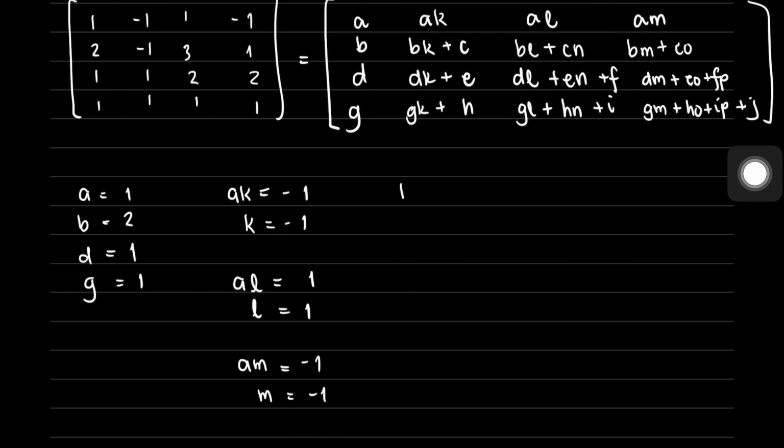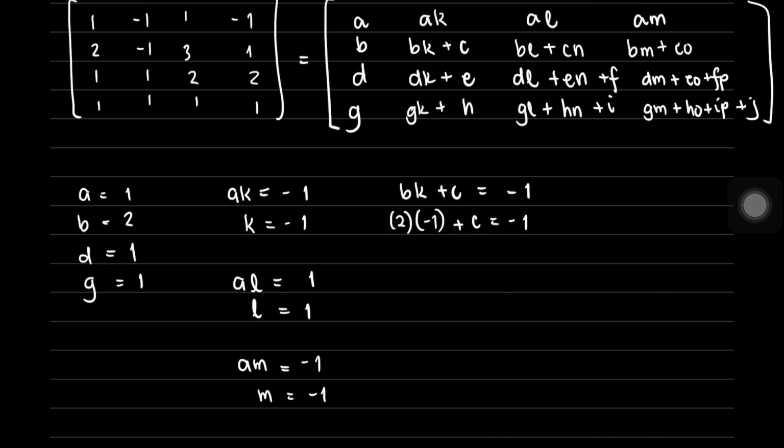So we have b times k plus c equal to negative 1. b is equal to 2, k is negative 1, and c is the unknown here, so this is equal to negative 1. Negative 2, transpose this to the right side, we have c is equal to 1.